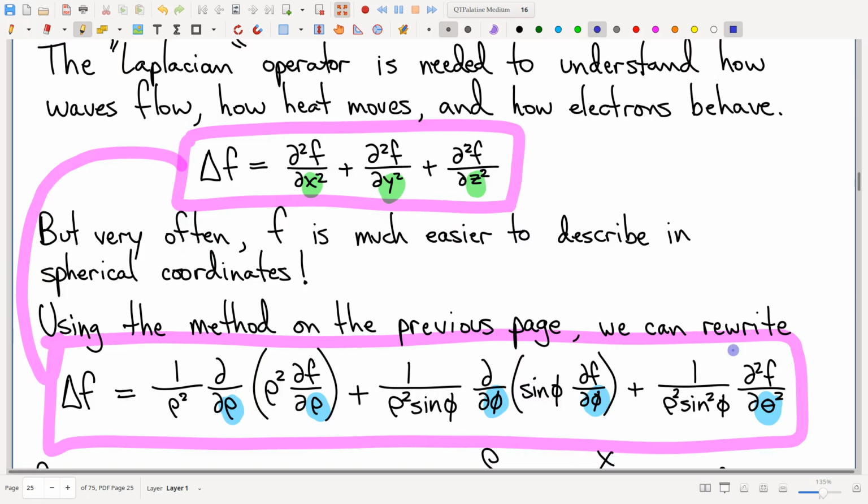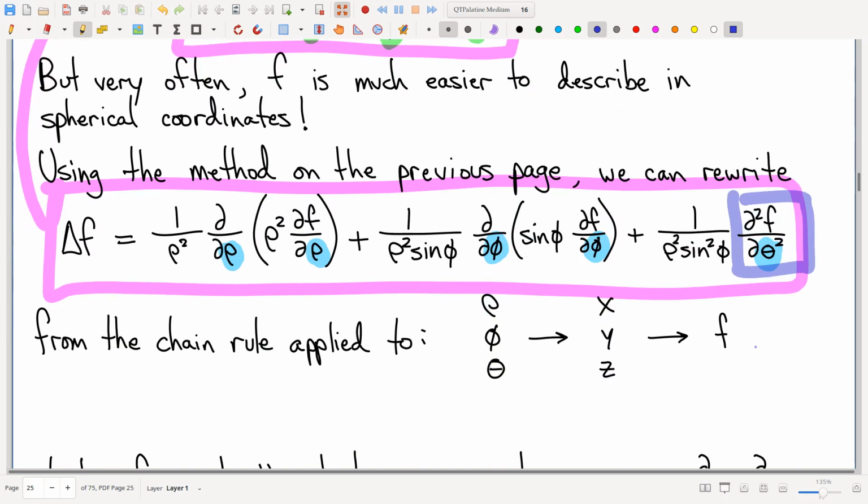For example, compute the second partial of f with respect to theta. And how do you do that? Well, just like on the previous page, f is given as a function of x, y, and z. x, y, and z are functions of rho, phi, and theta in the usual spherical coordinates way for which we have pre-existing formulas. It's just like the polar coordinates example on the previous page.